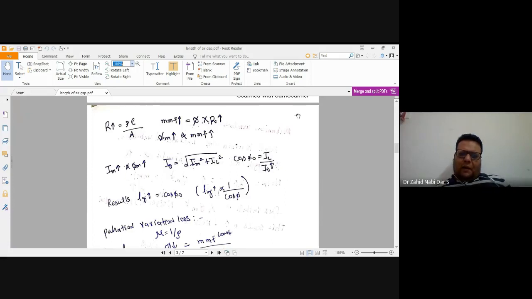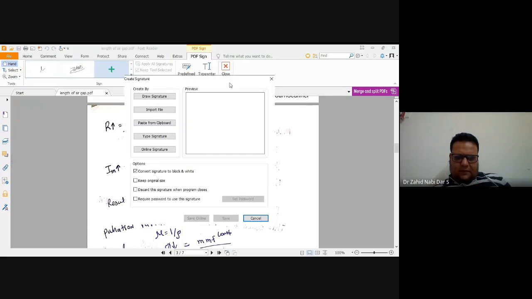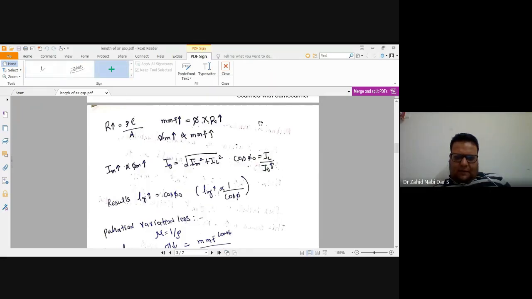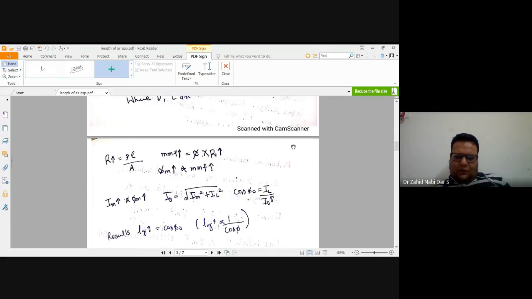If you draw your power triangle, suppose in my power triangle like this, your base is your resistance, your hypotenuse is your impedance, and this is your XL.